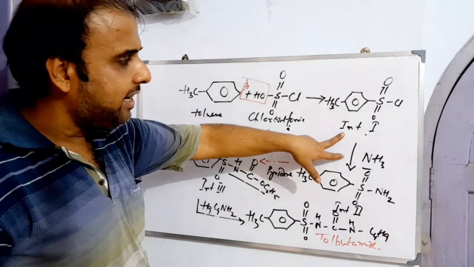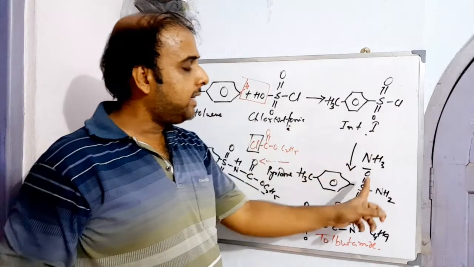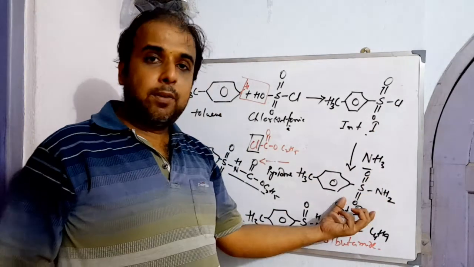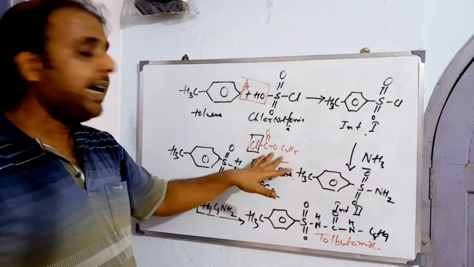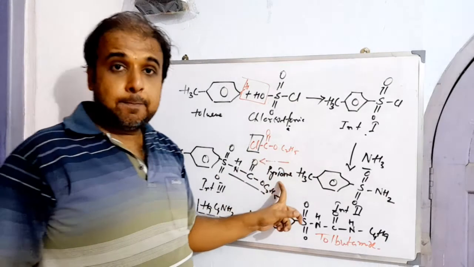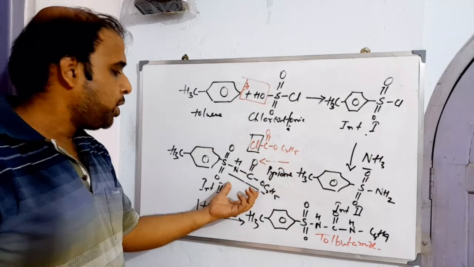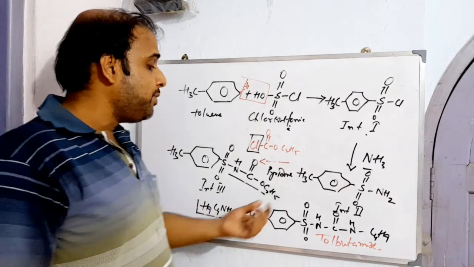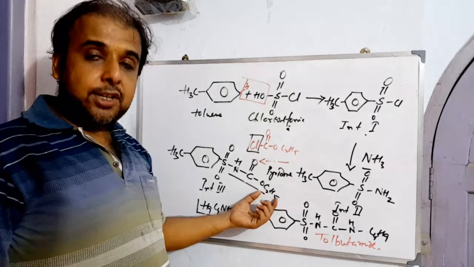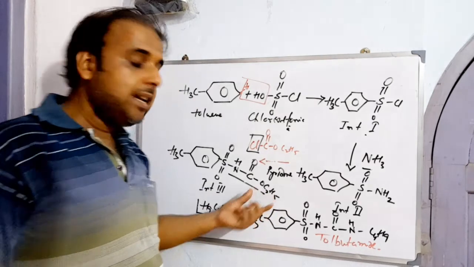So once we get the intermediate 1, that has to be reacted with ammonia, right? So that we have got sulfonamide, and this sulfonamide has to be reacted with ethyl chloroformate in the presence of a base, that is pyridine, right? So that there is a formation of carbamate, that is our intermediate 3, and finally we are left with what? Alkyl amination. The alkyl amino group has to be attached. How can this be attached?